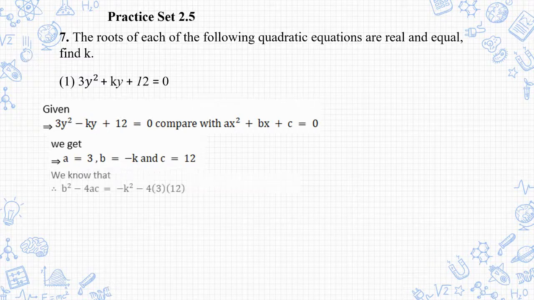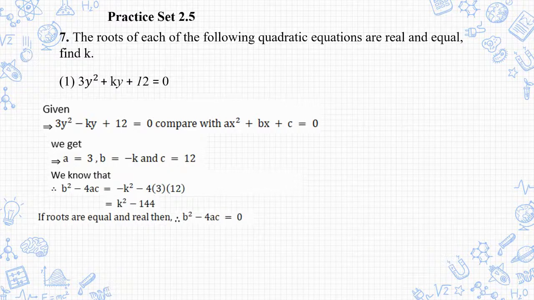Now if you find the value of the discriminant b square minus 4ac, we'll get k square minus 4 into 3 into 12. So this will be k square minus 144. Now in the question it is given that the roots of this quadratic equation are real and equal. So the value of the discriminant should be equal to 0.